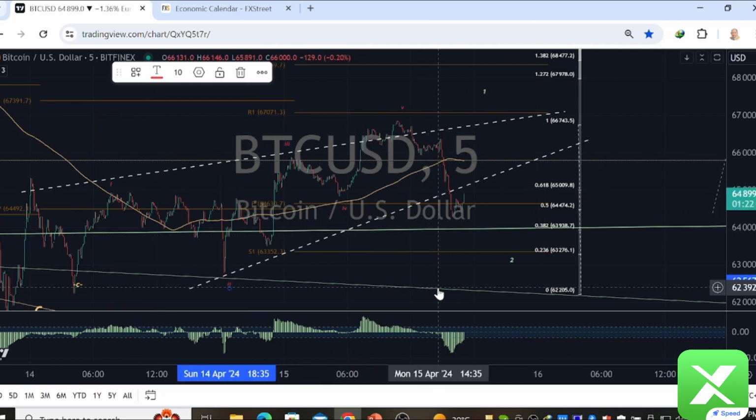The labels here show, of course, an internal 1 and 2, 3, 4, and 5, and show an A, B, and a C. If we bounce, we really bounce.